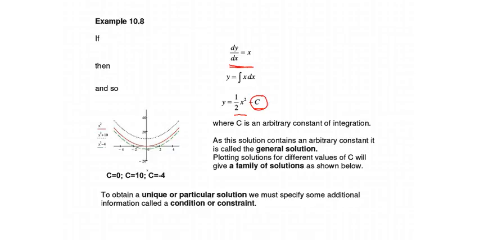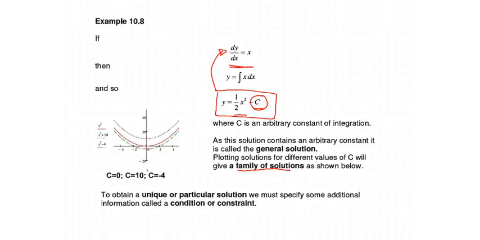So we've got an infinite number of solutions that can be put into this differential equation and it will still work. So where that constant is located could be at various points. So it's described as a family of solutions being possible.